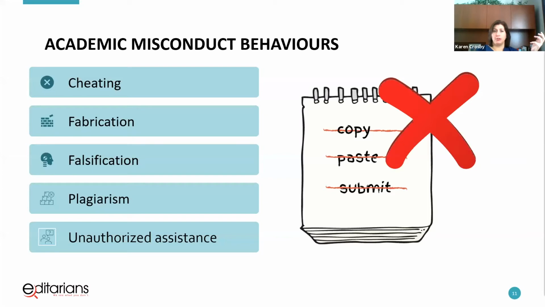Those behaviors include cheating, fabrication, falsification, plagiarism, and unauthorized assistance. I won't belabor these ideas, but relative to hiring a professional editor, we can see that editorial help could be construed as cheating or as unauthorized assistance. So let's look at both in more detail.